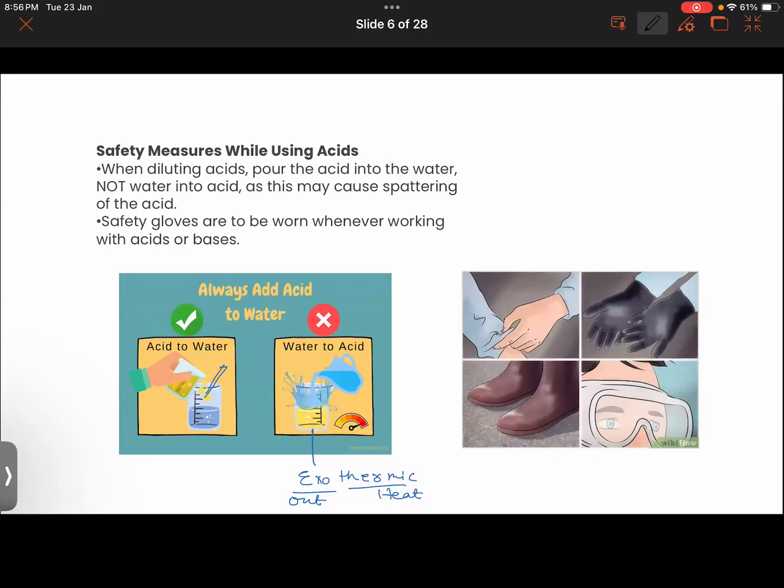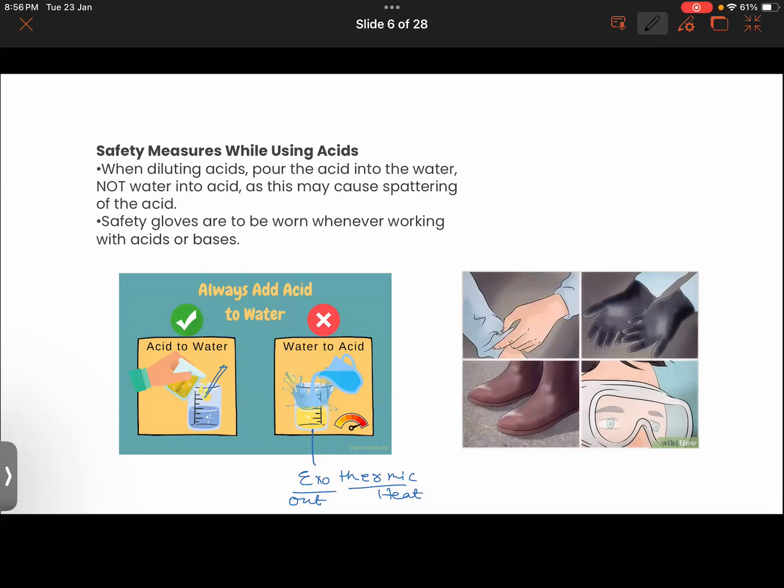So we can't add all types of acids to water, right? No, pretty much we can add all the acids to water.